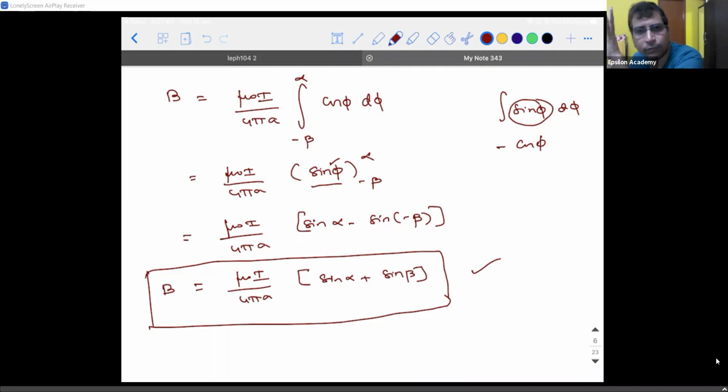At that point in time, when scientists were doing experiments, they had a conductor. They observed, this is how they would have thought, that a magnetic field is there around the conductor. Then they would have immediately asked a question: okay, I'm able to observe magnetic field, why don't I try to calculate the value? Then what they would have done?